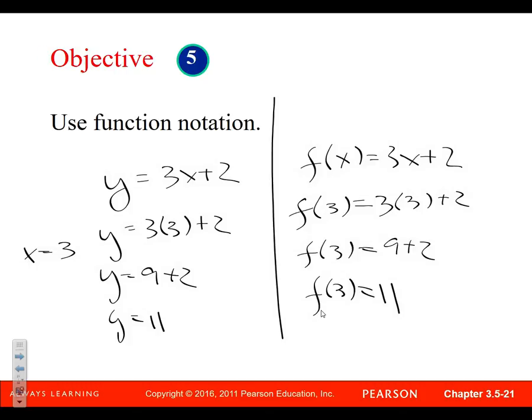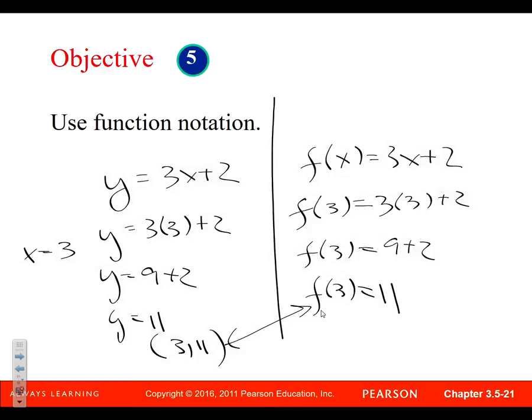Over here, I could say, the value of the function is 11 when x equals 3. Over here, I actually have to go further and give you something like this, which is, what do we call that? A coordinate, right? An ordered pair. This and this are equivalents. They're telling you that when x is 3, y is 11.